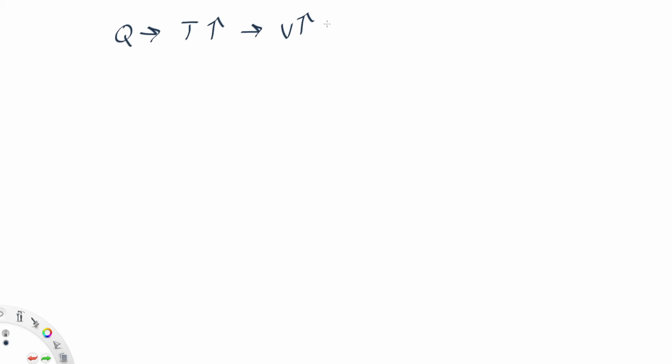So the last thing that we want to talk about is phase changes. So in physics, what we refer to as phases are going to be solid, liquid, gas. This is a simplification.